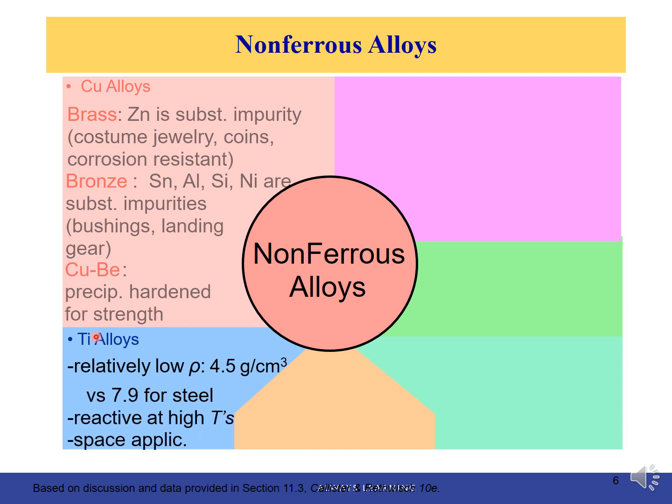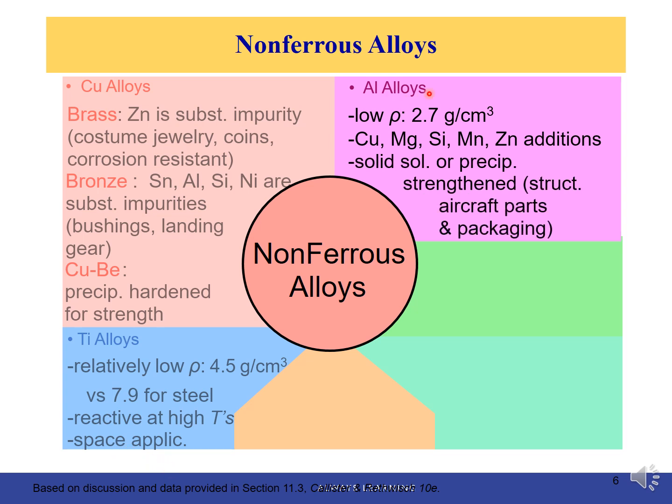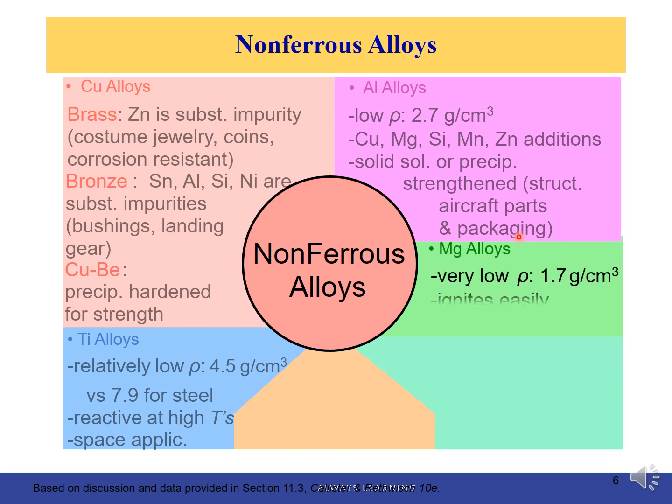And then titanium alloys have relatively low density and are reactive at high temperatures, so they are used in space applications. Aluminum alloys have a low density as well. We can have other alloy additions into aluminum to form solid solution or precipitation strengthening, and those aluminum alloys are used in aircraft parts and packaging.